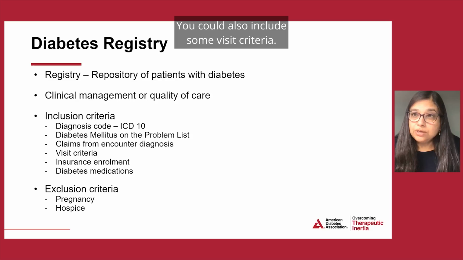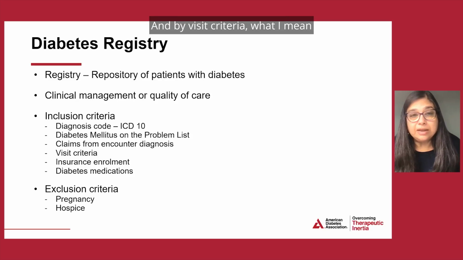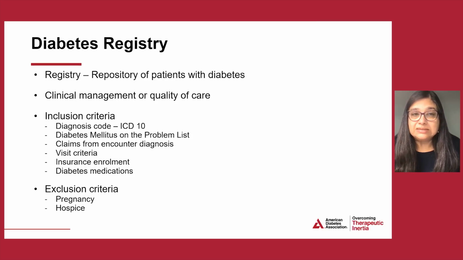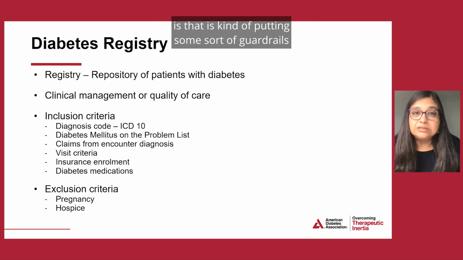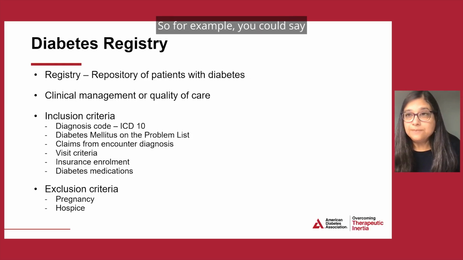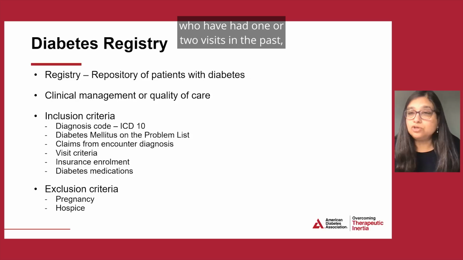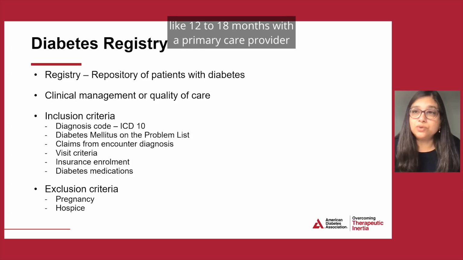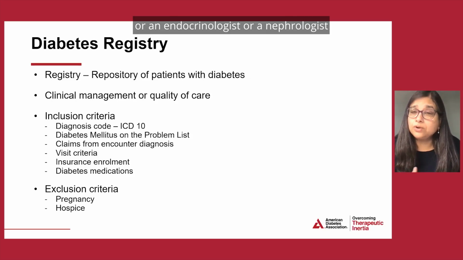You could also include some visit criteria. By visit criteria, what I mean is putting some sort of guardrails around the population that you want to capture. For example, you could say that you want to capture patients who have had 1 or 2 visits in the past 12 to 18 months with a primary care provider or an endocrinologist or a nephrologist or a cardiologist within your system.